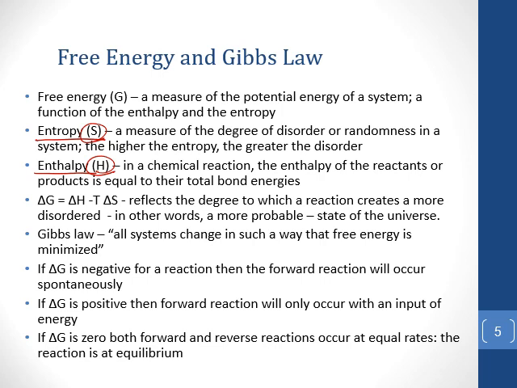That's just spontaneously what happens to systems. Things go to a state of disorder instead of a state of order. And consequently, free energy is minimized. So to minimize free energy would mean that free energy is going to be negative. We're reducing the free energy. So if you calculate delta G and it's negative for a reaction, then the forward reaction will occur spontaneously.